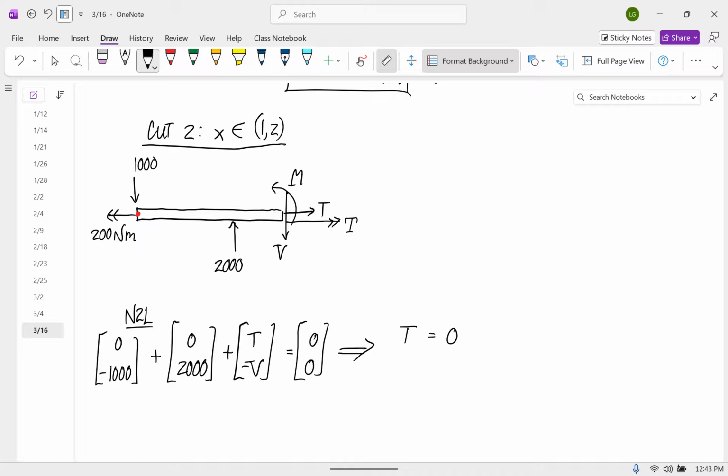So T is equal to 0, and V is equal to 1000.